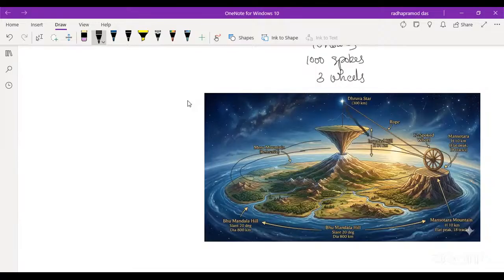So what happens? This wheel is moving on Mansutra mountain, on different tracks it goes.